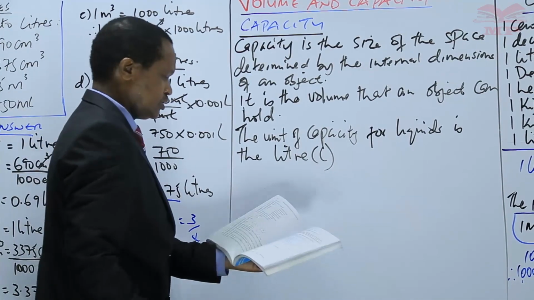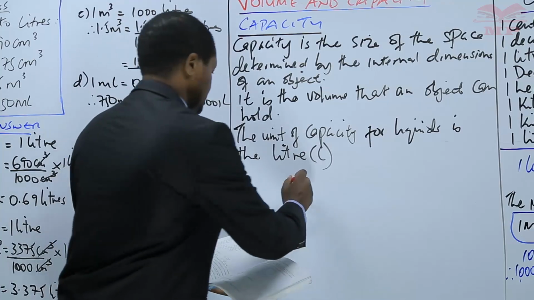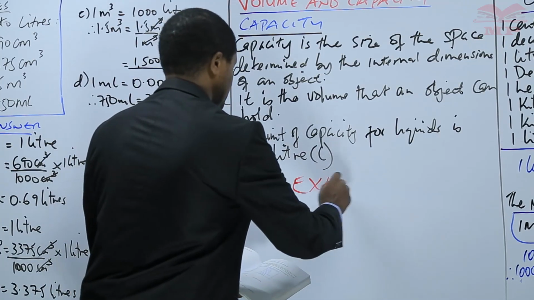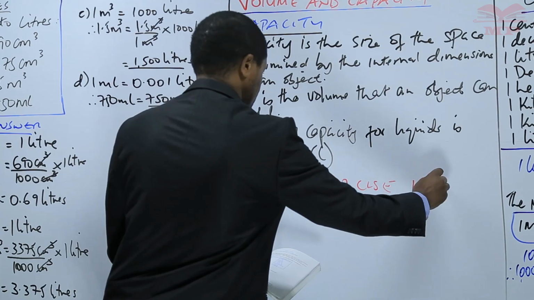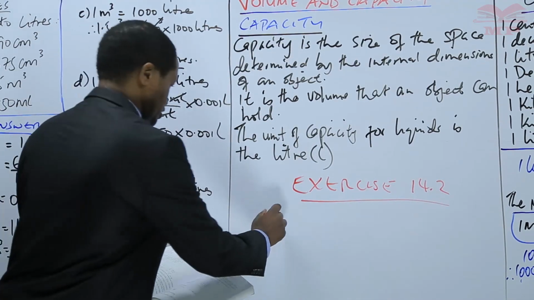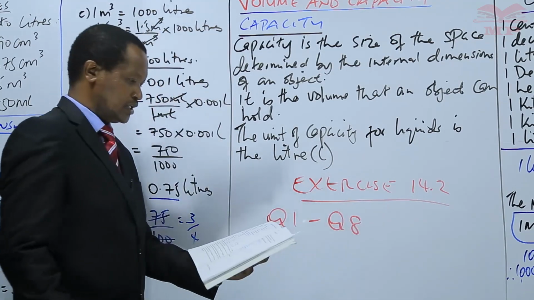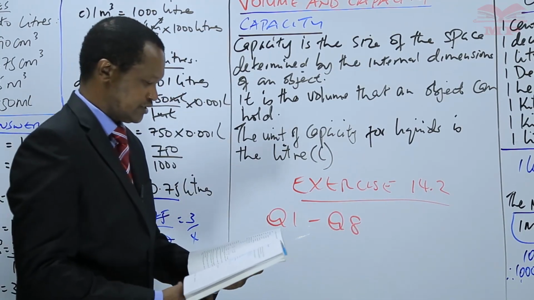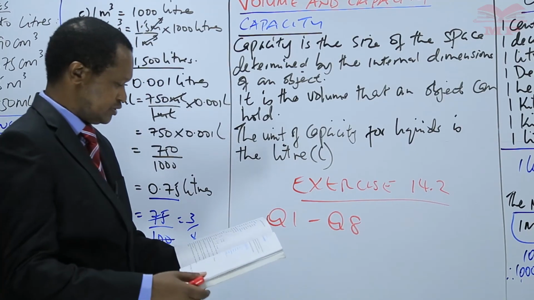I want you to go to the pupils book. This is your assignment, exercise 14.2. Go and do question 1 up to question 8. In case you have any problem answering these questions, please let me know.